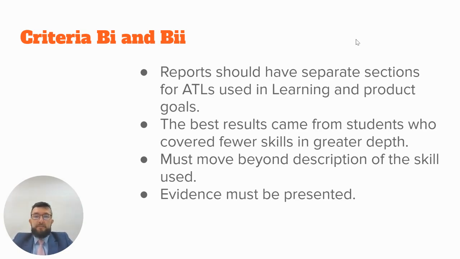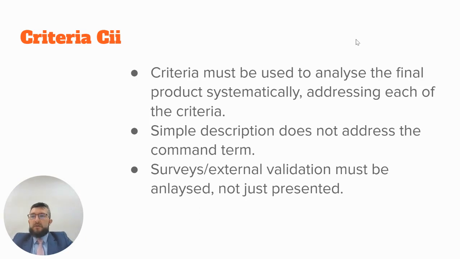So that's criteria B. Then C, the reflecting criteria. Now, the examiners were quite complimentary of the students' ability to reflect on the project impact. But the main area they had some points to make was in the analysis of the criteria and how it applies to the final product. Basically, the students need to be much more systematic and clearly analyze their product against each of the criteria which they've set.